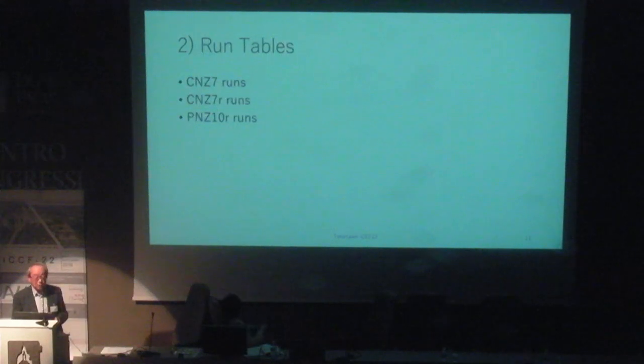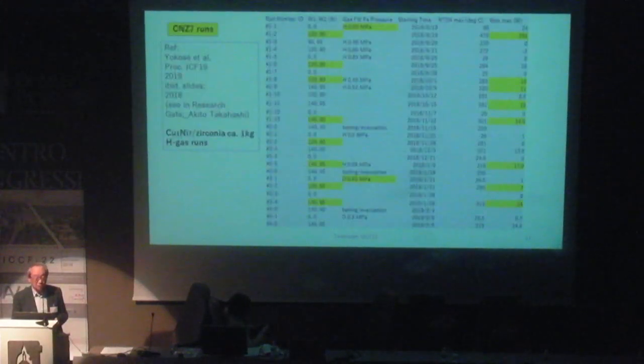And so I'll show some typical run tables for 3 samples. CNG is written here: copper 1, nickel 7, and zirconia sample. 1 kilogram we used for this run, CNG 7 runs, starting from room temperature. This is the external heater power. We use a constant power supply for this.